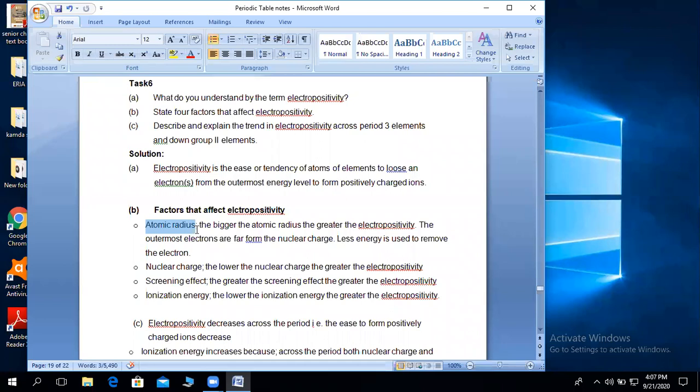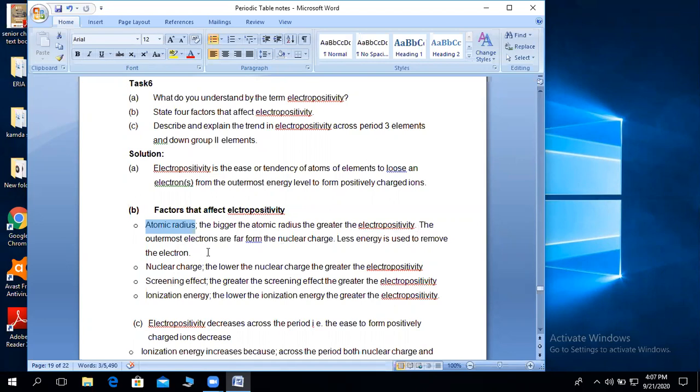So when atomic radius is high, that means the electrons are far away from the nucleus. So they experience less nuclear attraction. So the electron can easily be lost. So the bigger the atomic radius, the greater the electropositivity.